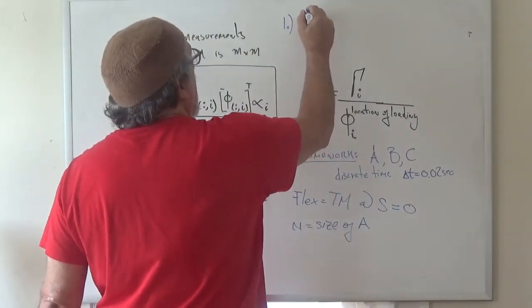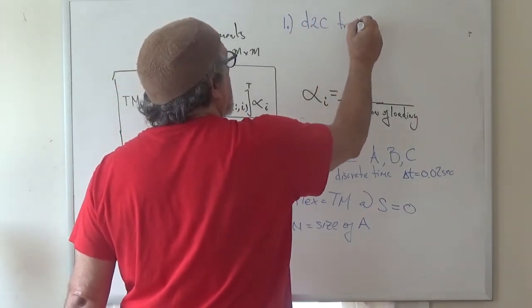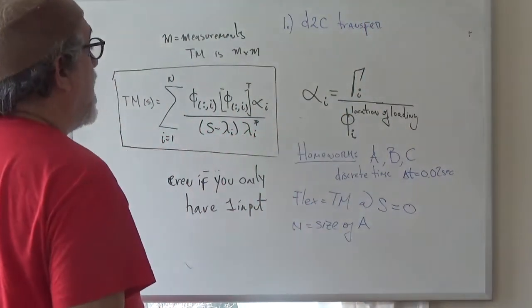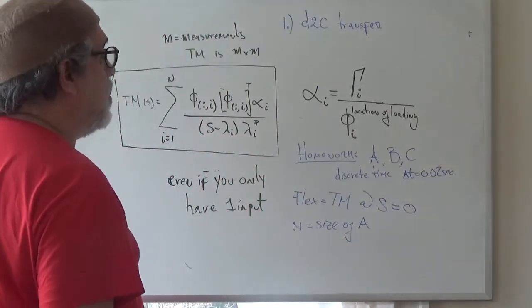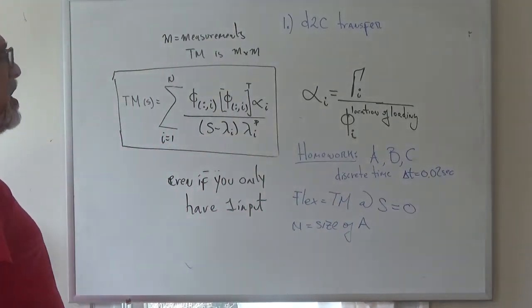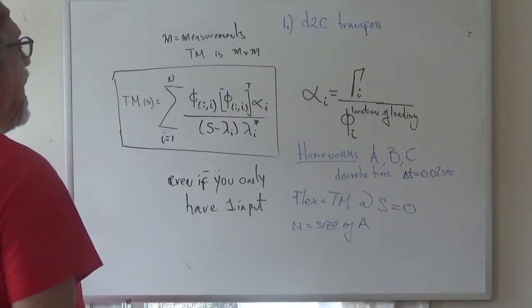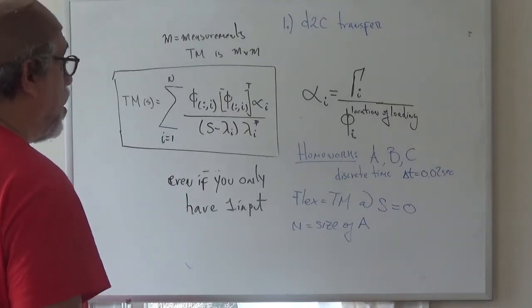So you have to do a discrete to continuous transfer. So now, instead of A discrete, B discrete, and C discrete, you have A continuous, B continuous, and C continuous. And of course, C discrete and C continuous are the same. And the B depends on the assumption on the intersampling of the load.